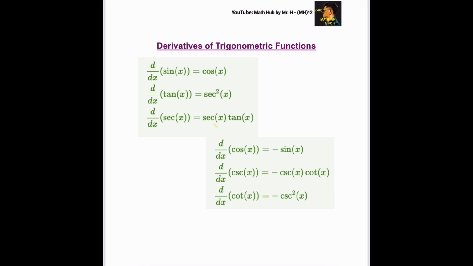You really need to remember all these things because in differentiating trigonometric functions, you will be applying all of these. In this video, we will be answering some examples. Without further ado, let's head on to example 1.